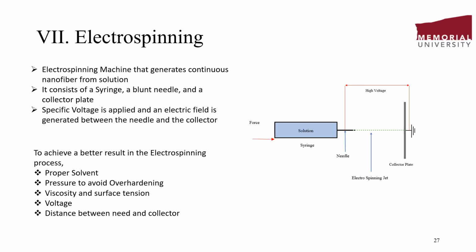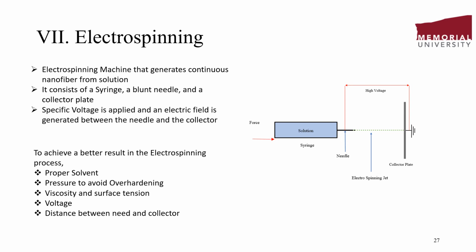The electrospinning machine is a device that generates continuous nanofibers from a solution. A wide range of materials has been used, especially polymers, which are commonly used for energy harvesting. The device consists of a syringe, a blunt needle, and a collector plate. Then a required voltage is applied between the needle and the plate, effectively generating a solution jet from the needle into the collector plate.